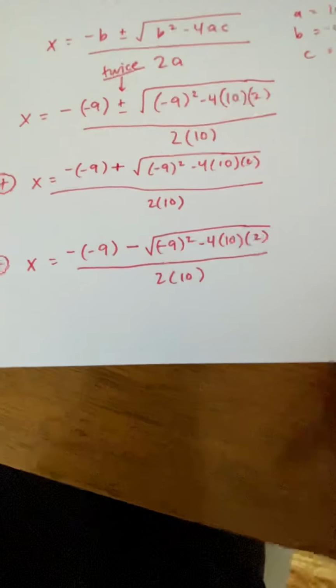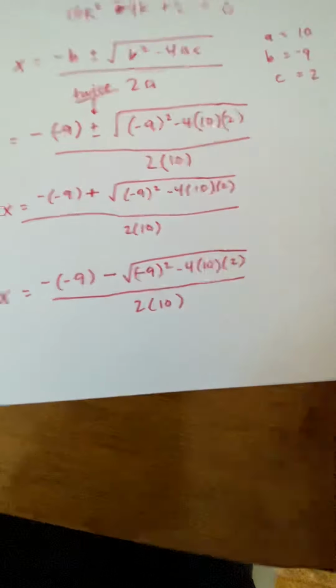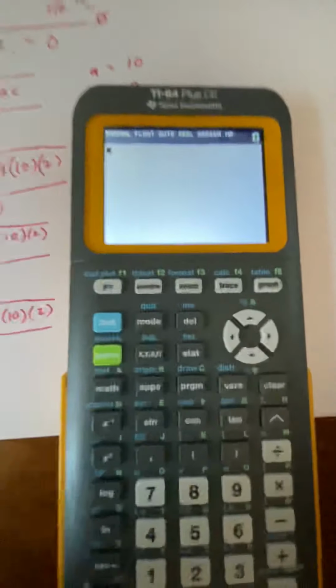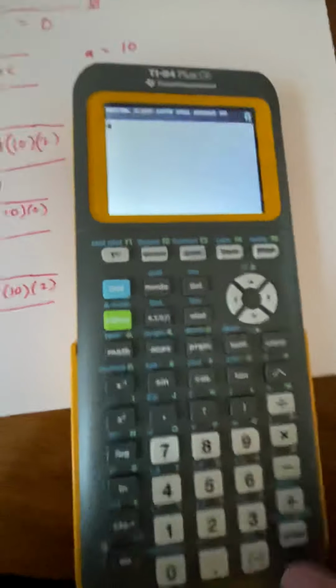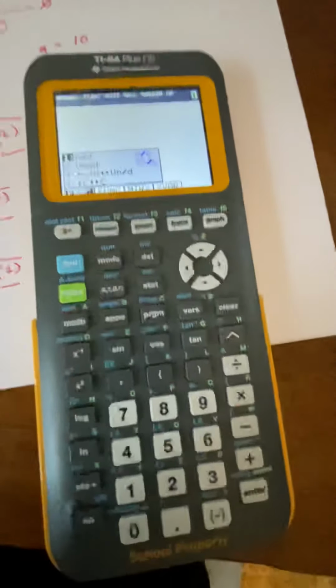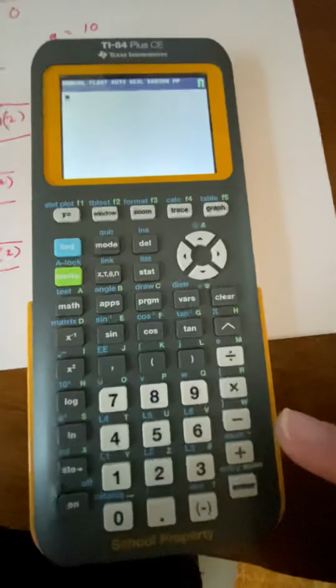And you can put this in your calculator right now if you downloaded that app or you have your own calculator. You can put this in just like it is. So negative and then parenthesis, oh shoot, sorry, hold on, I need to get a fraction. Alpha y equals, and then number 1, there we go.